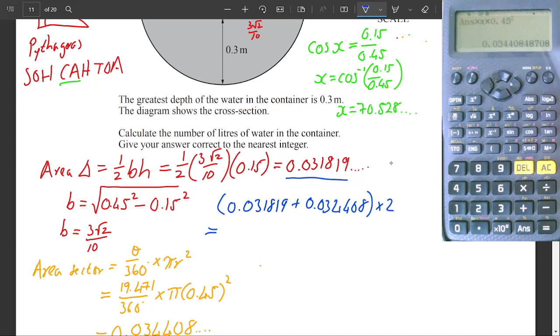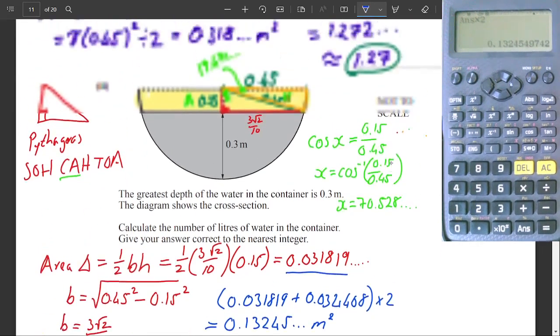So got that still there. Let's add the 0.031819. Press equals before we double it, because our split mass applies. And we have now 0.13245, etc. Remember, now this is meters squared.